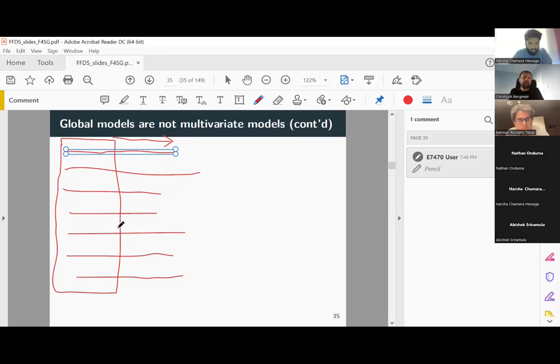One problem of multivariate modeling is often that this input window is incredibly big. Let's say you have 20,000 series, this window is really big. So you need to come up with a way of making this sparse, taking only some of the series and so on. In a global model, this is a bit different.